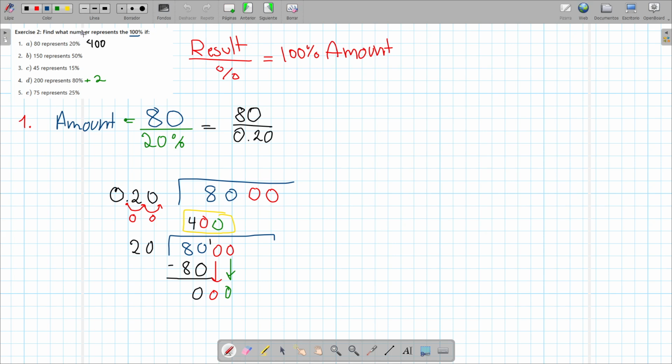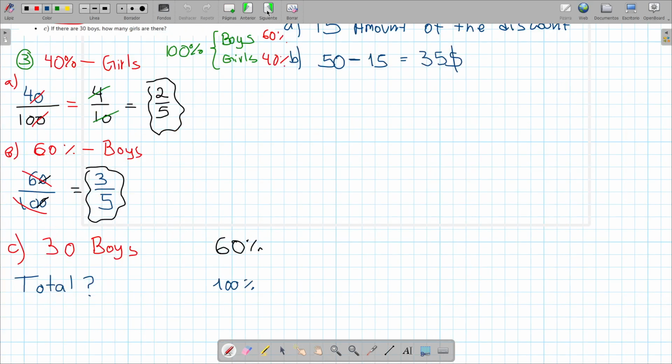Find the number that represents the 100% if 80 represents 20, and so on. We have the same case here. We need to find the number that represents 100%, and we know that 30 represents the 60. So what we used to do, 30 divided by 60%.